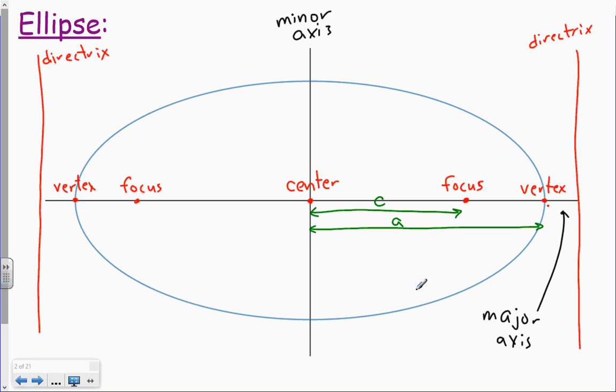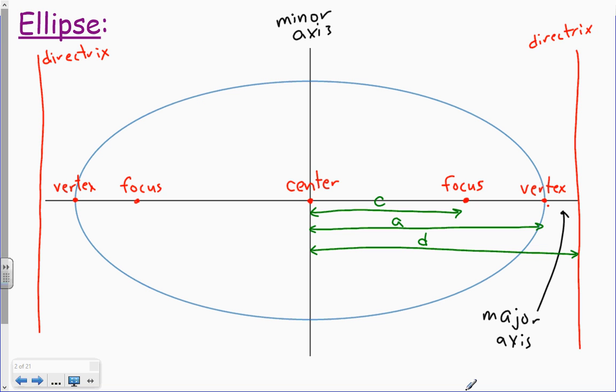We name that A. And finally, if we measure the distance from the center to the directrix, I'll measure that again horizontally right here, that distance right there is what we call the directrix radius, and that we label as D.